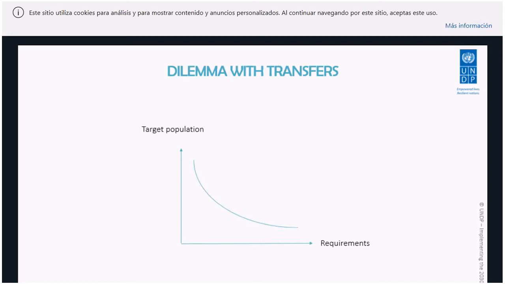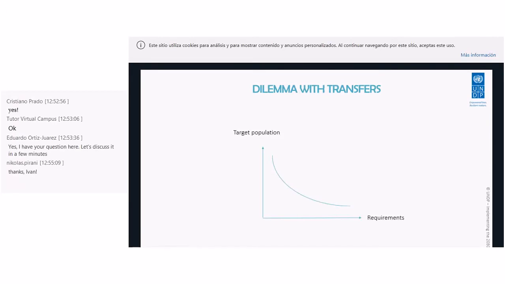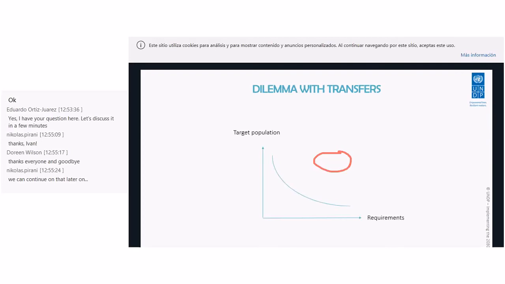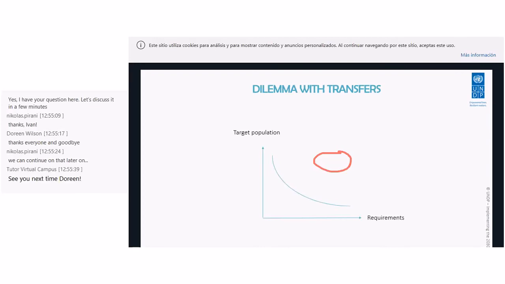Well, I would like to also add to the previous question that what Ivan explained is a very comprehensive explanation. For the purpose of implementing the microsimulation or a fiscal incidence analysis, that's why I discussed this scheme.